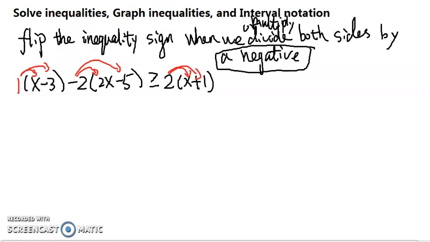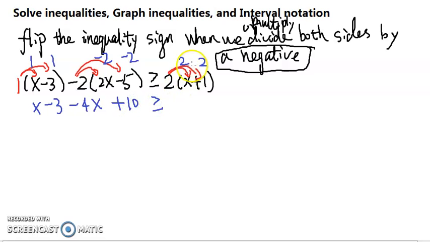Again, to help you avoid mistakes, you can put the number on top of each pair of parentheses, 2 terms. So we are doing 1 times x, x, 1 times negative 3, negative 3. Negative 2 times 2x, negative 4x, negative 2 times negative 5, positive 10.